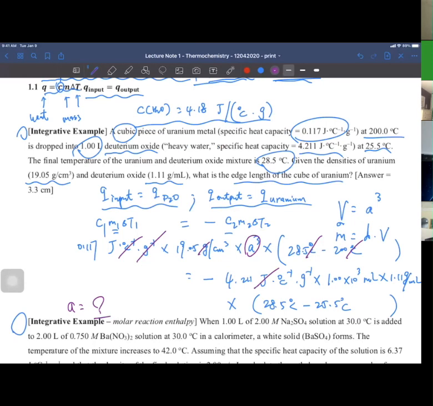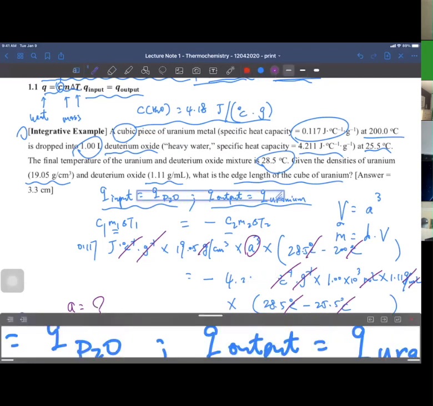Wait, Dr. Chen. Isn't the answer missing a sig fig? Let me check. This is a good question. I don't think so. Do you know why? Check the last parenthesis.